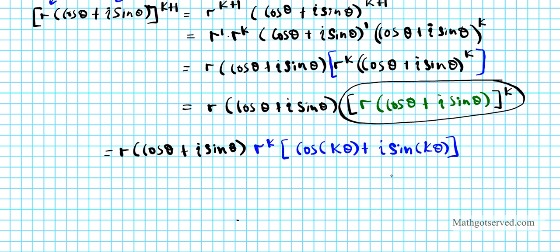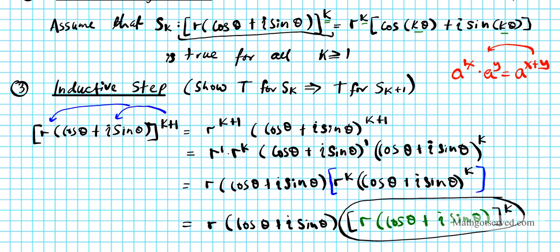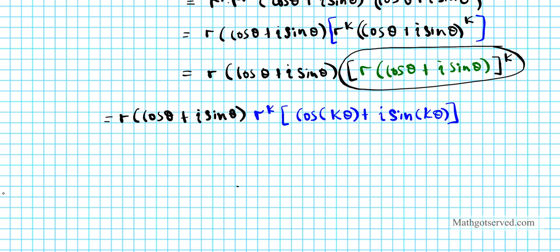Okay, so where on earth did I get this from? This is the right side of my inductive hypothesis, remember? I just made that substitution here using our inductive hypothesis. We said that this is equal to that. We assume that that's true. So there you have it.